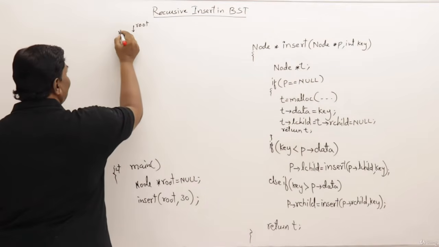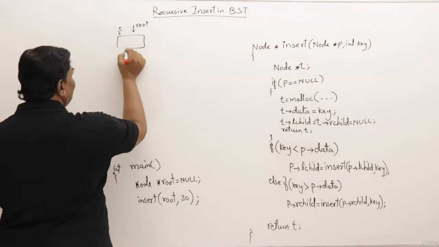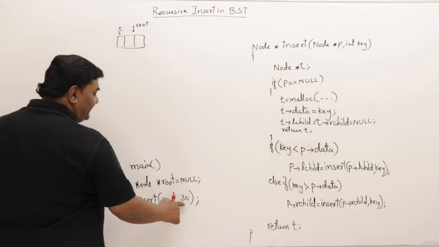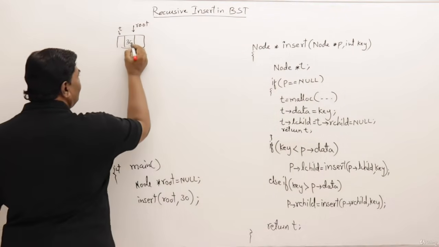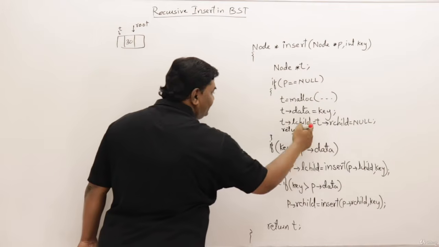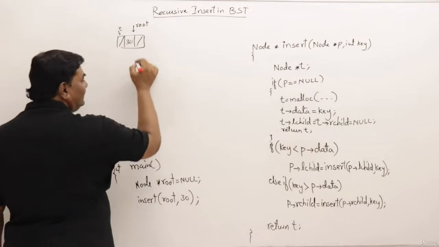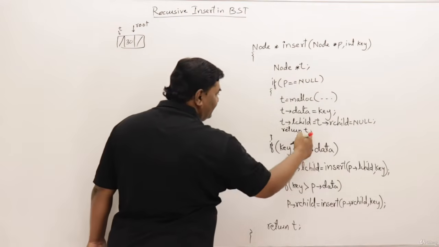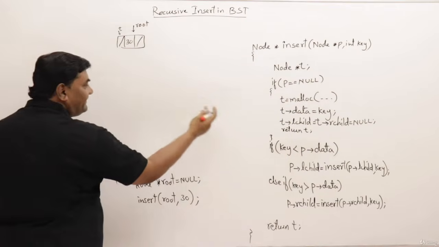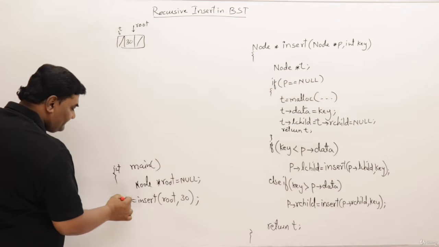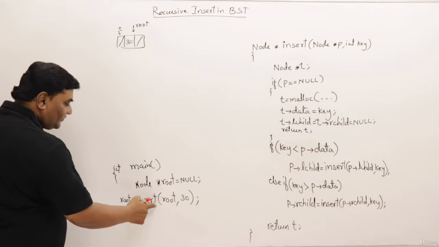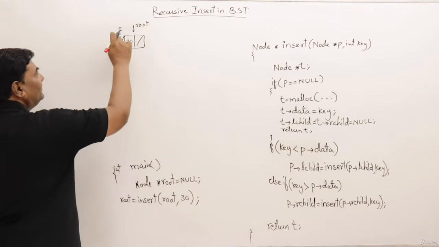So create a new node with the help of a temporary pointer. Insert data 30, that is key. Make the left child and right child null, then return t. So this node's address is returned from there. So that address I can take in root. So root will be pointing to that node.